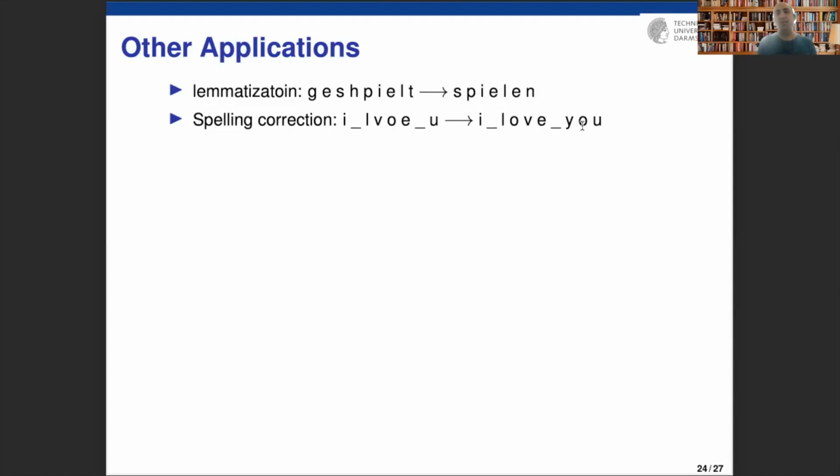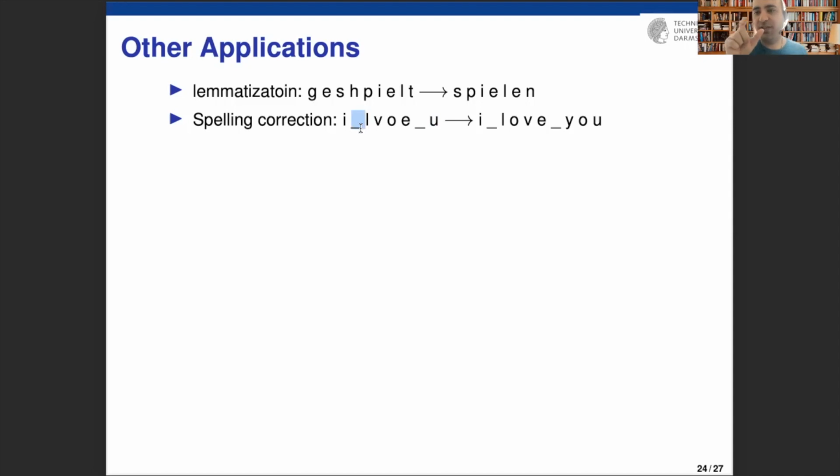Of course, we can use it for other applications like lemmatization, where the inputs are characters. You process characters one by one, and then you generate the characters one by one as the output in the decoding phase. You can also use the encoder-decoder architecture for spelling correction, where the input can be something like an incorrect spelling of "love you."